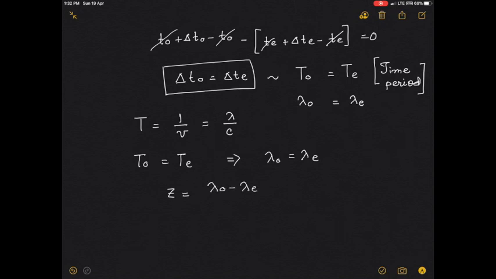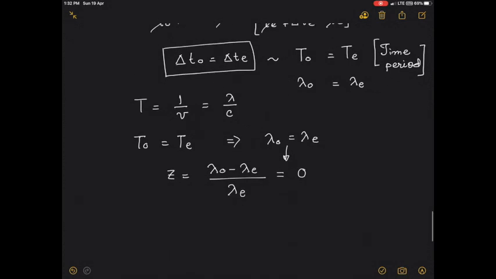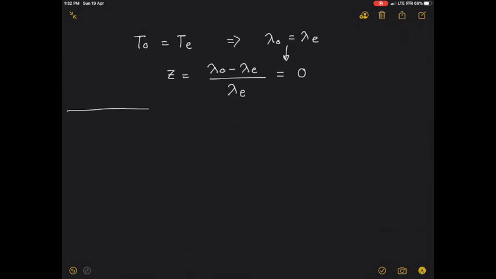If you remember, the redshift is nothing but lambda 0 minus lambda e by lambda e. If lambda 0 equals lambda e, the redshift is 0. So this is what we have seen for this particular example. This was the case for special relativity, and it obviously doesn't explain Hubble's observation. Now let us come to cosmology.